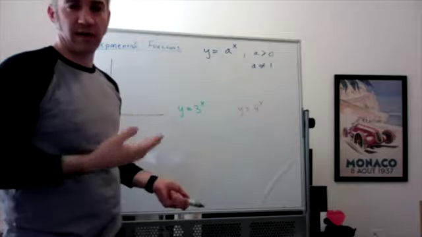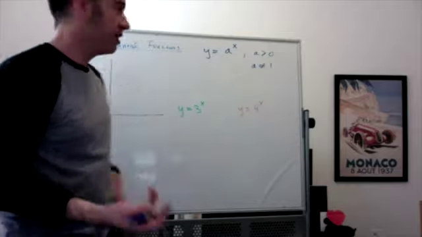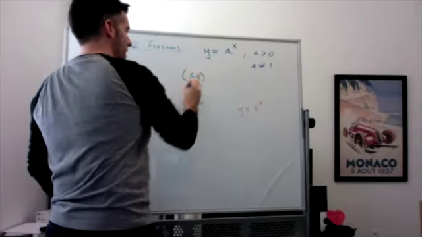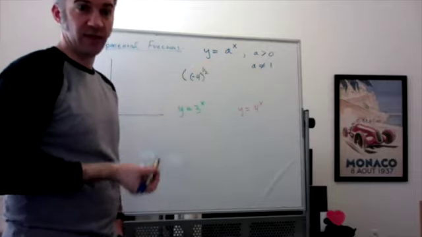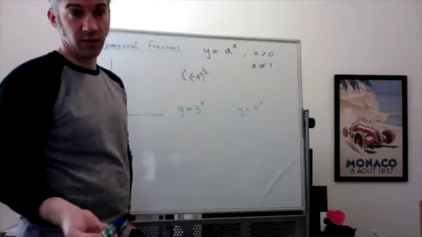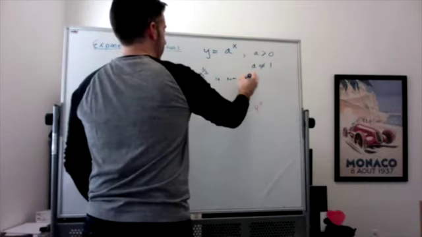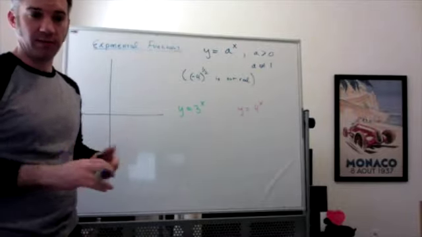But yeah, we don't want negative numbers, because negative numbers to fractional powers are undefined sometimes. Like, for example, if a was -4 and x was 1/2, -4 to the 1/2 is the square root of -4, which is not real. So we don't want bases that are negative, so that we avoid the problem of having a restricted domain.